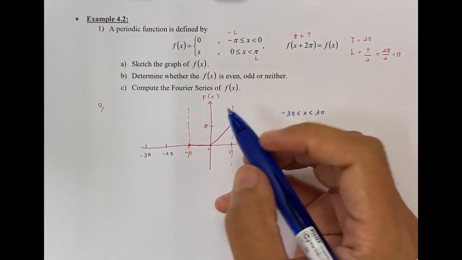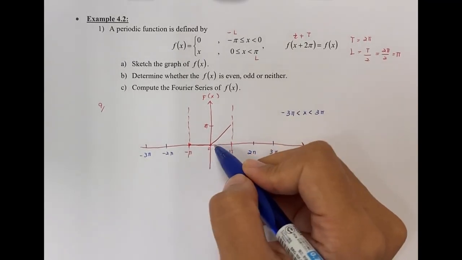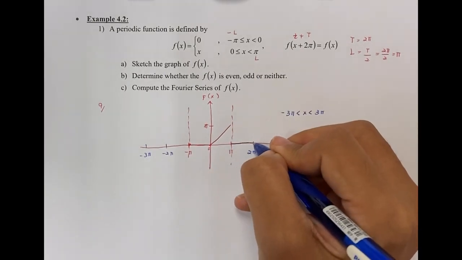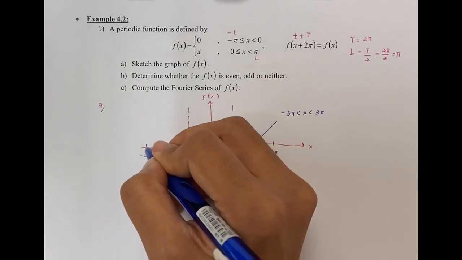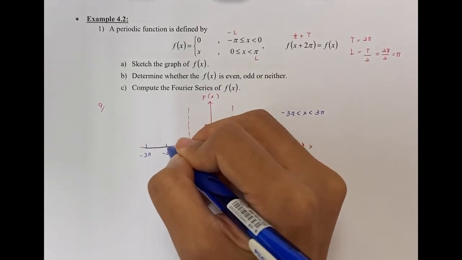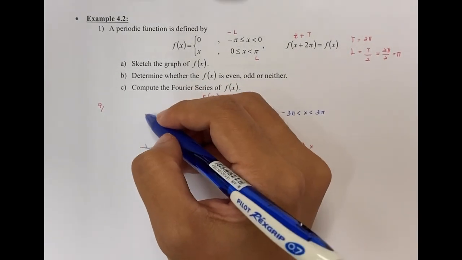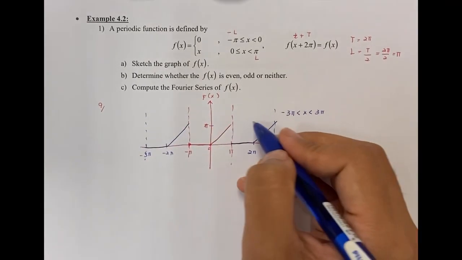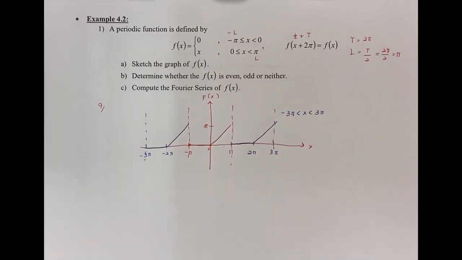Then just copy your function. From pi to 2 pi, you have this line, and from 2 pi to 3 pi, you have this line. Again, you have 0 for this part. It repeats for every other period, with the same shape of line.